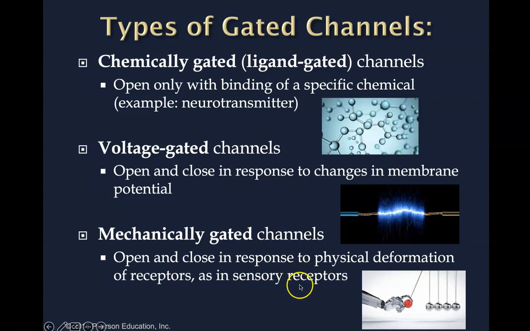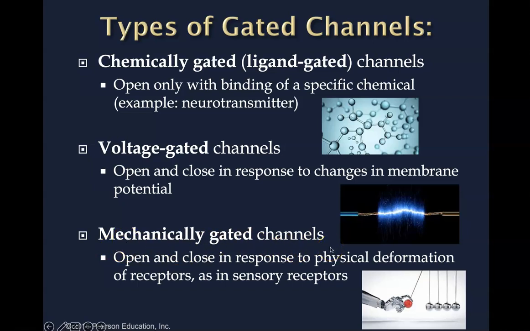And then we have these mechanically gated channels. And these we're typically going to see in sensory receptors. These are going to be ones that open and close in response to some type of mechanical change in that receptor. So for example, all your touch receptors and your pressure receptors are going to be stimulated with these mechanically gated channels.